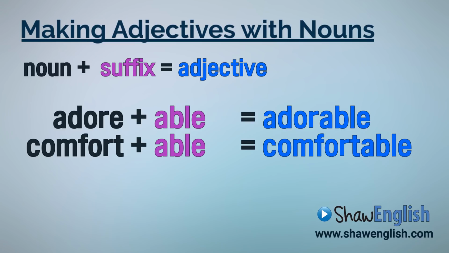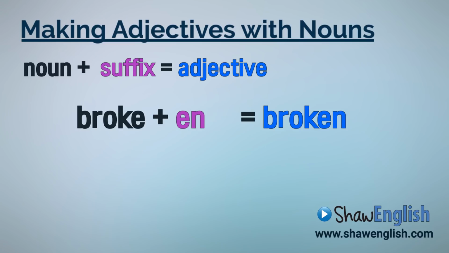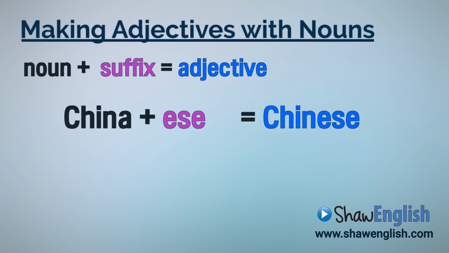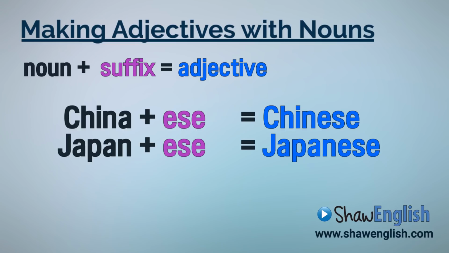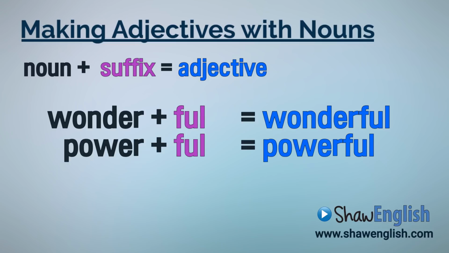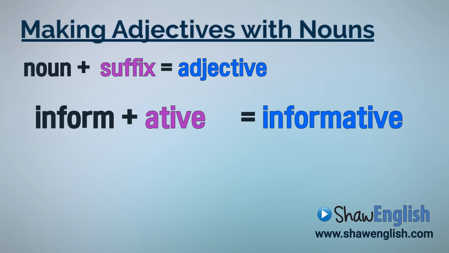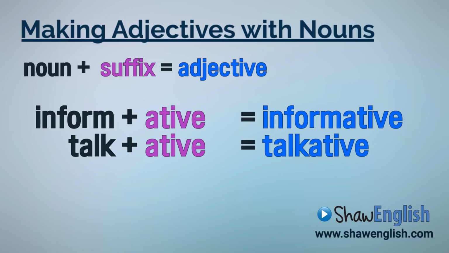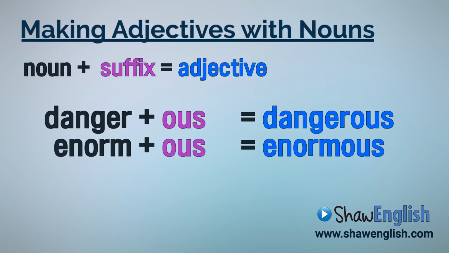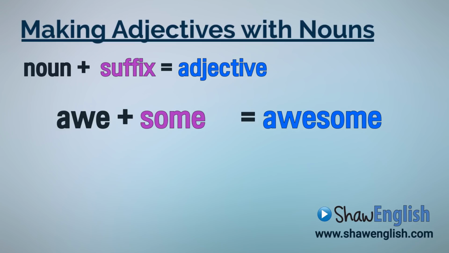Also the suffix en, like broken, golden. Ese, like Chinese, Japanese. Full, like wonderful, powerful. Ive, like informative, talkative. Ous, dangerous, enormous. Or some, like awesome, handsome.